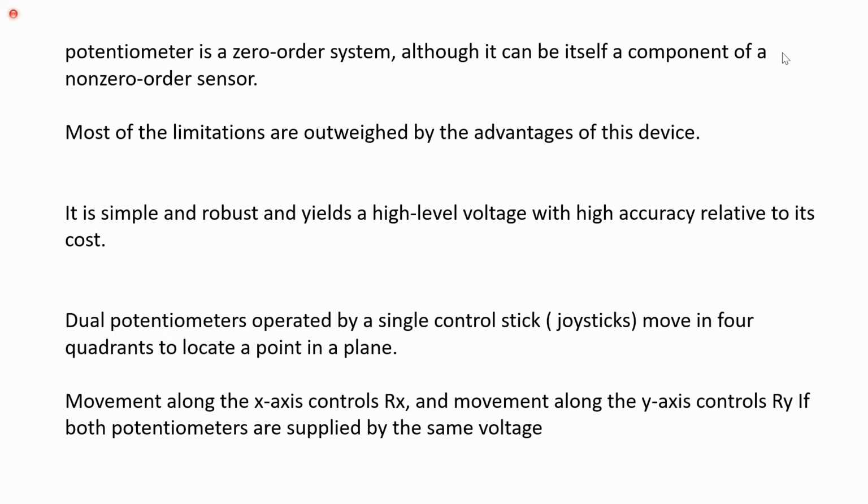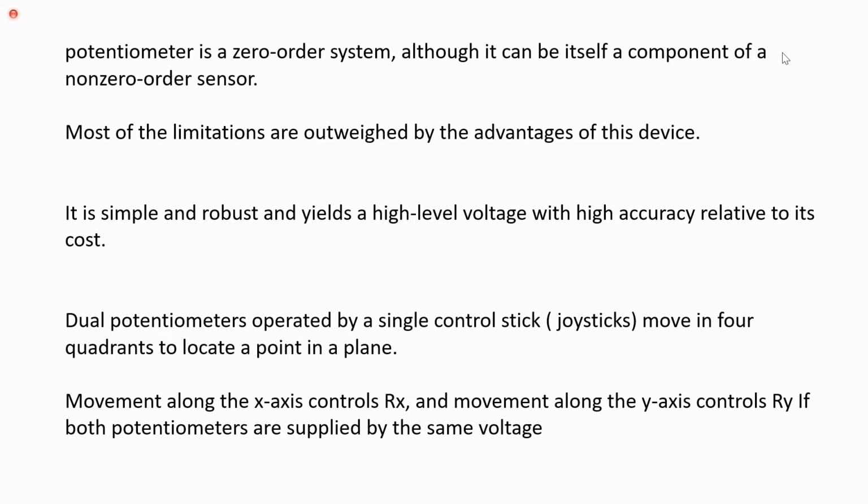Potentiometer is a zero order system. Students, in the previous module, we have seen different types of systems: zero order system, first order system, and second order system. Although it can be itself a component of a non-zero order sensor.